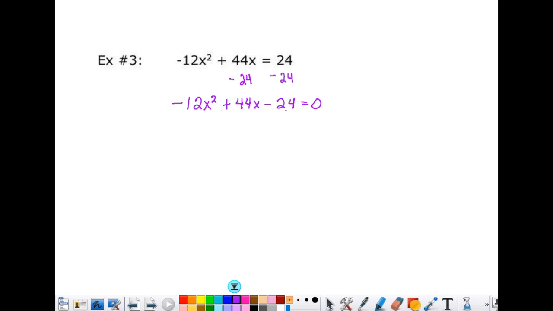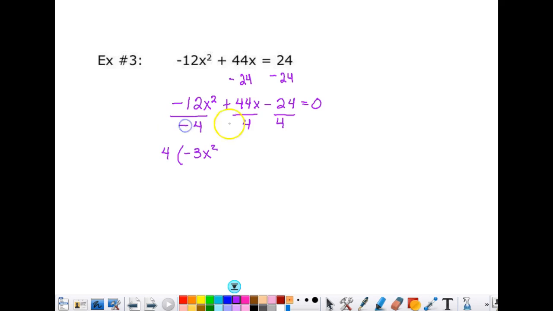Don't panic about that. Now we need to look for a what? See if it has a greatest common factor. Does it have a greatest common factor? 12, 44, and 24. A 4. But don't write this down. If I divide by 4, I'm going to get a negative 3x squared there. I don't want my trinomial to start out with a negative number.